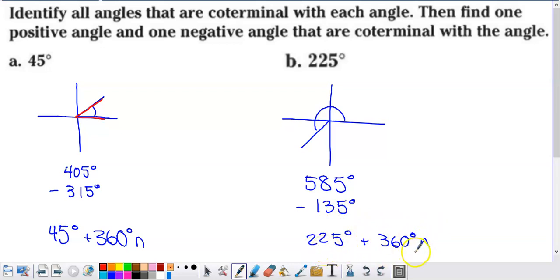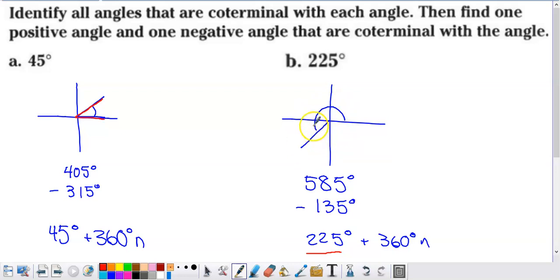What this statement across the bottom right here means is you're starting at a 225-degree angle, right? That's what you see at the front of this. So you're starting right here. If you add 360 onto it once, you move once around that circle. 360 degrees from that point a second time, 360 degrees from that point a third time is always going to put you back at that same spot.